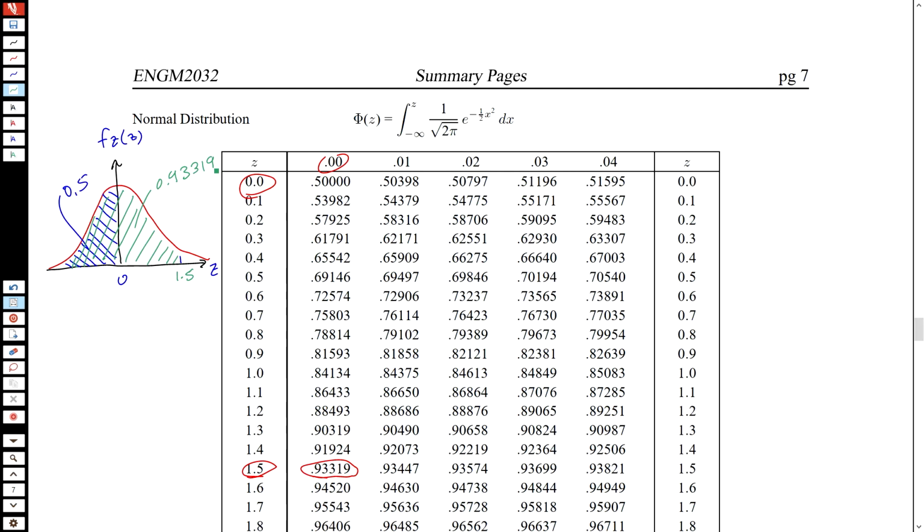Because it only looks at values of z at 0 and above, you have to use symmetry if you're looking for probabilities that are less than 0. You'll notice that this value here is 1.50, this is 1.51, 1.52, 1.53, 1.54.